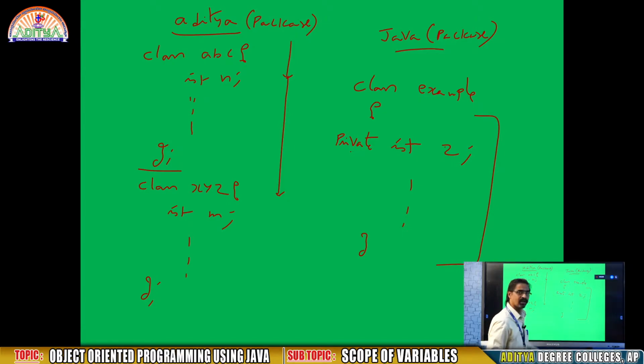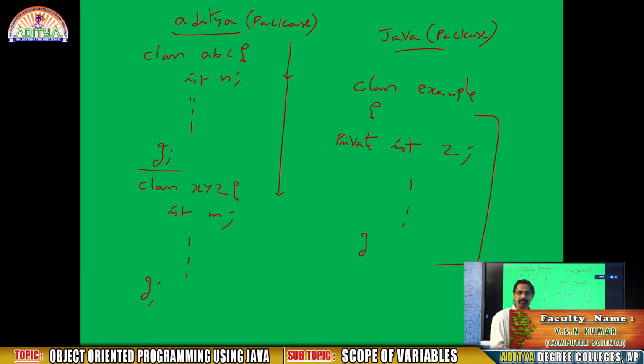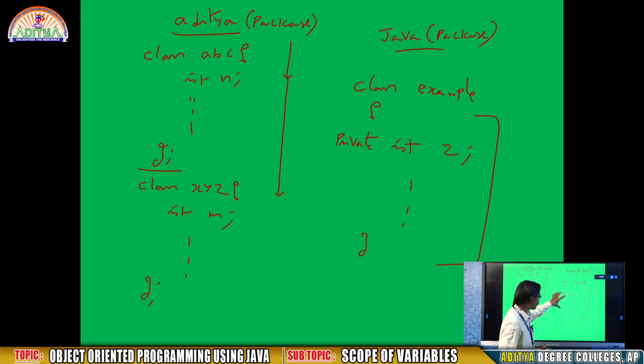It is like a private chosen. That means when you define a variable as private, that variable is accessible within this scope only. Within this scope. If you try to use z, it gives error. Like here also, before this I defined private.